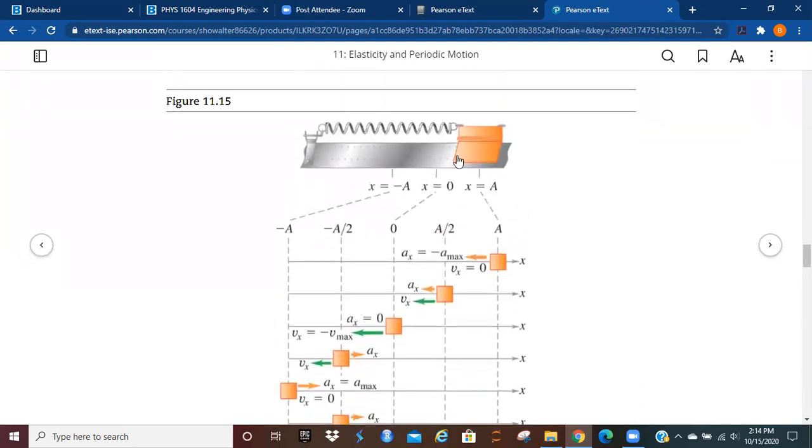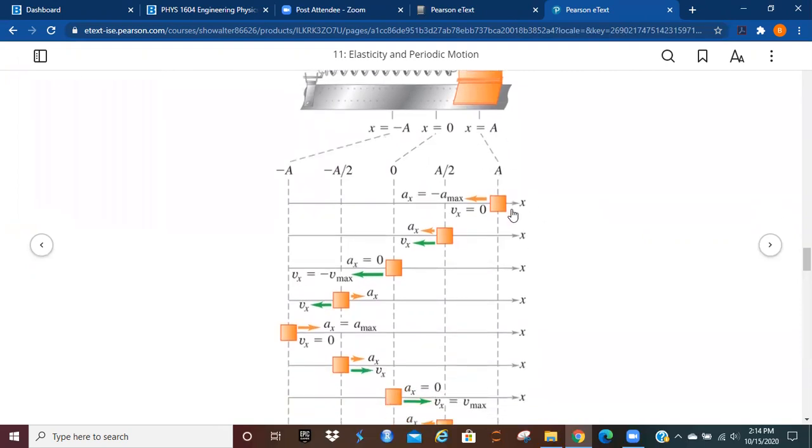So we can see here, we've got our glider guide. We've got our positions of x equal to a, x equal to 0, x equal to minus a. If x is equal to a, acceleration pulls back this way. The velocity is initially 0. Then as the acceleration dies off, the velocity will increase. It may actually be larger in magnitude than the acceleration.